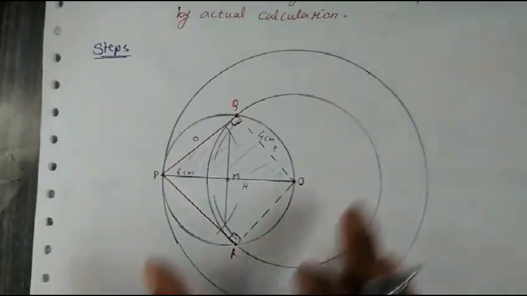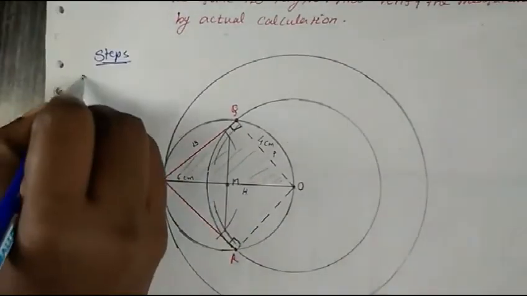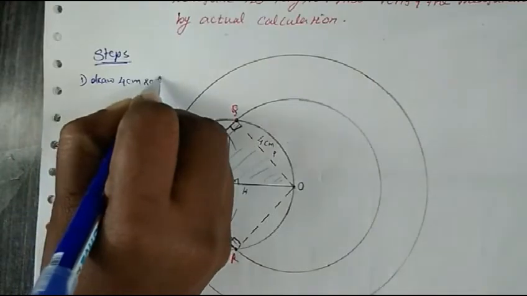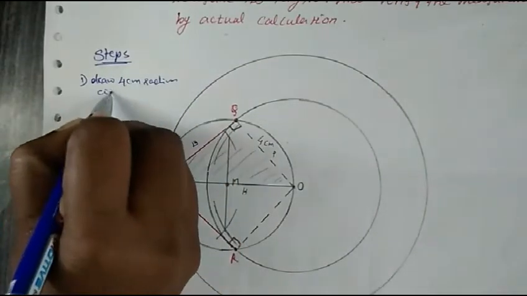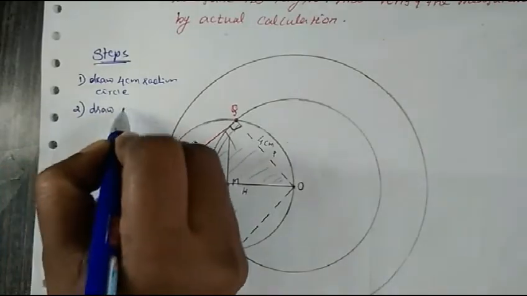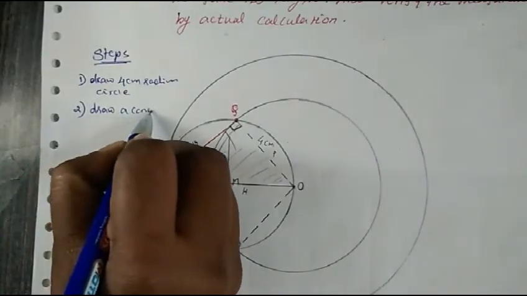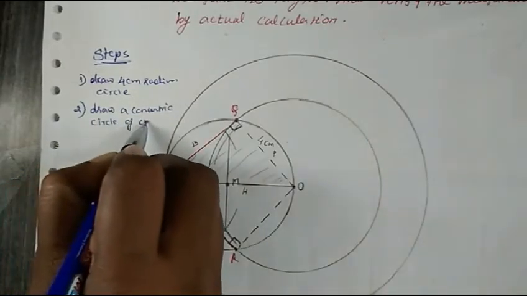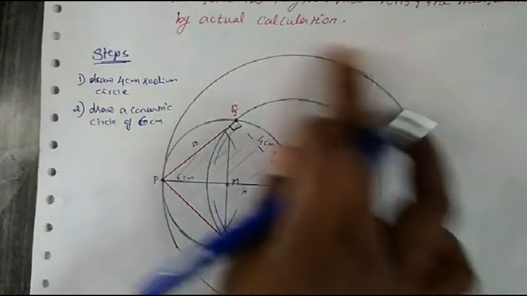Steps: what did we do? First we drew the small circle. Draw a 4 centimeter radius circle, then draw a concentric circle of 6 centimeter. This we drew.